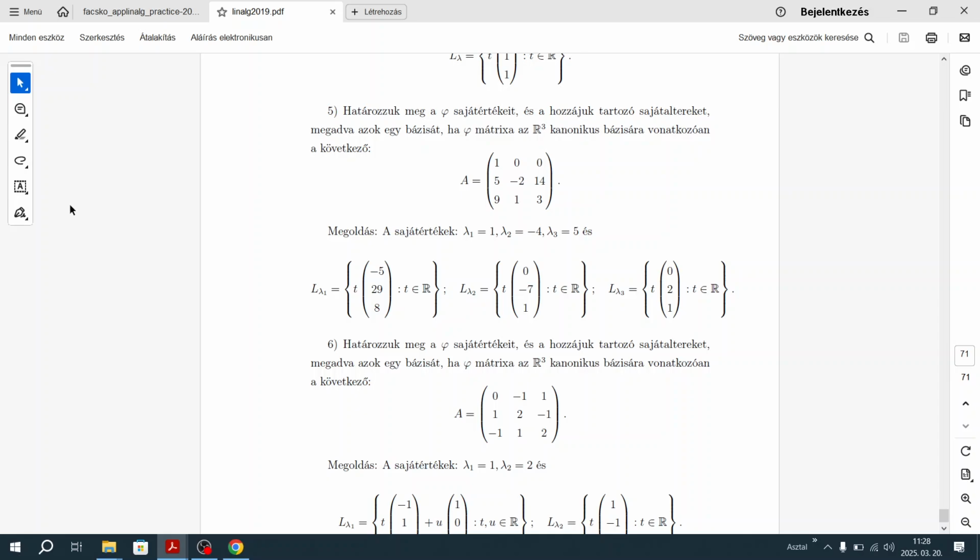And of course, the X matrix is from these eigenvectors. Okay, so this is our matrix, that's great.